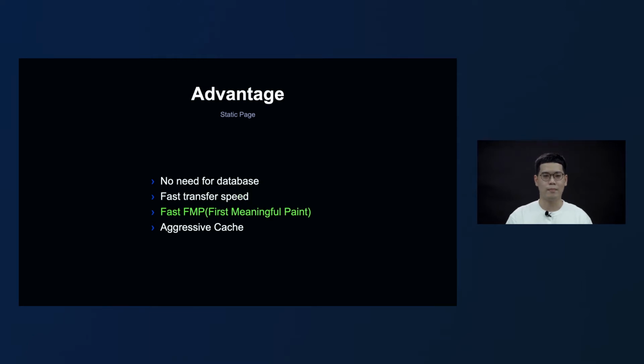Third, with dynamic pages, it takes some time to see the first meaningful paint, but because the static page sends the HTML right away, the time taken to see the FMP is very fast. Lastly, with dynamic pages, which handle dynamic data, because the data constantly changes, it is conservative in caching data. On the other hand, because a static page deals with static data, it can cache aggressively.